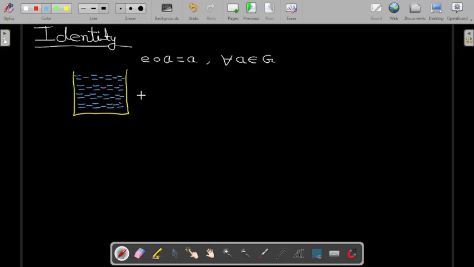So identity can be of many types, that is, additive identity and multiplicative identity. If you have chosen the group as the integers with respect to addition, then you will have the identity element 0, because if you add 0 to any element, you get that element. So 0 is the identity element in the additive group of integers, and similarly if you choose any multiplicative group, the identity would be 1.